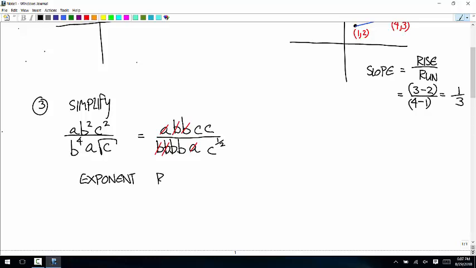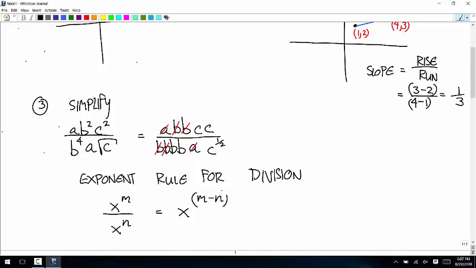The exponent rule for division says if you have something to the m power over the same thing to the n power, that's equal to x to the power of m minus n.